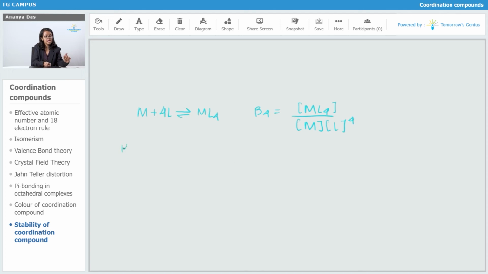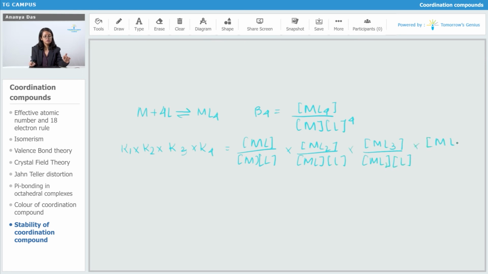So, if I multiply K1 into K2 into K3 into K4, that is my stepwise stability constants, I will get ML divided by M into L, multiplied by ML2 divided by ML into L, multiplied by ML3 divided by ML2 into L, multiplied by ML4 divided by ML3 into L. So, ML3 cancels out, ML2 cancels out, ML cancels out.